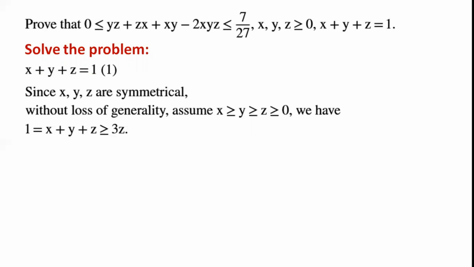We have 1 equals x plus y plus z is greater than or equal to 3z. So z is less than or equal to 1/3. 2xyz is less than or equal to 2/3 xy.